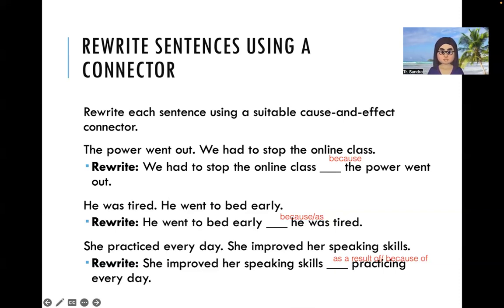Compared with as, it is the most direct way to give a reason. It is informal, but quite common in both spoken and written English.